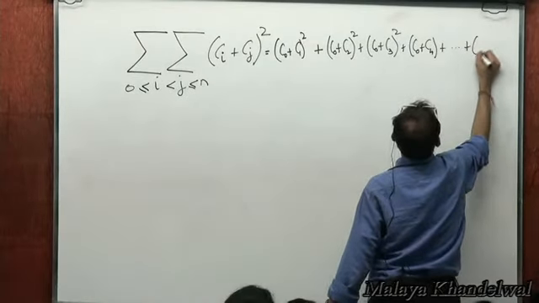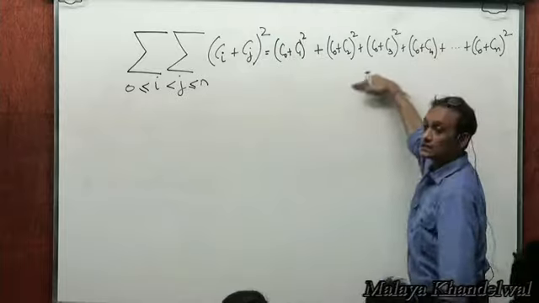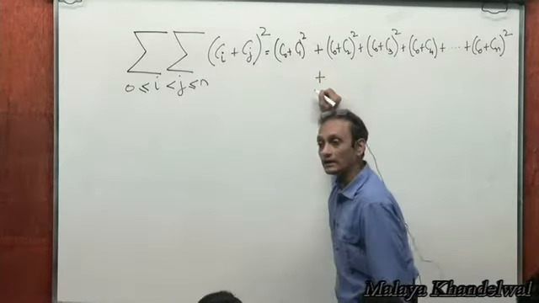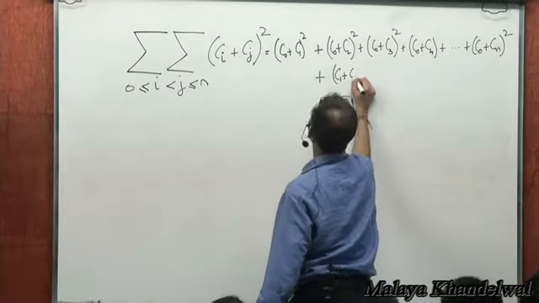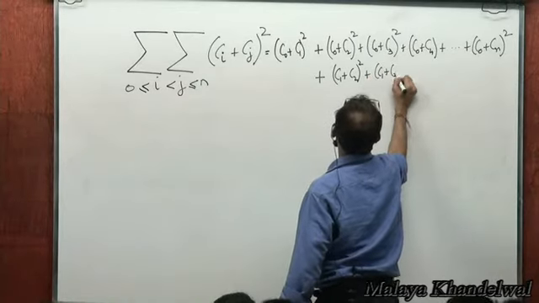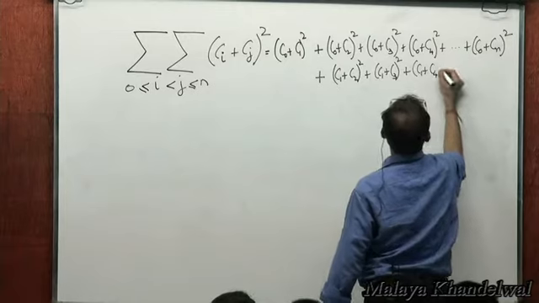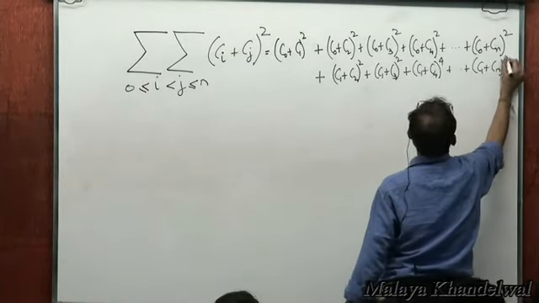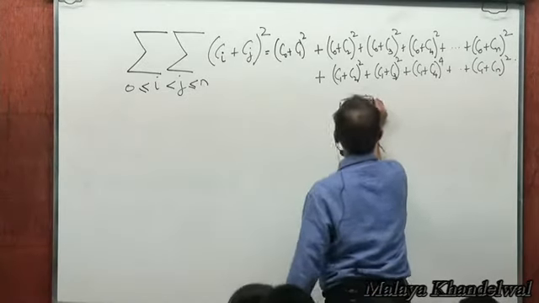Going this way, i equal to 0, j equal to n. Right? That's the summation for i equal to 0. Then for i equal to 1, the second row, C1, j will then start with 2, whole squared. This is for i equal to 1, right? Then the next one would be i equal to 2.